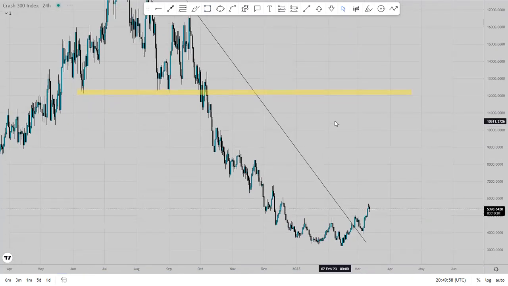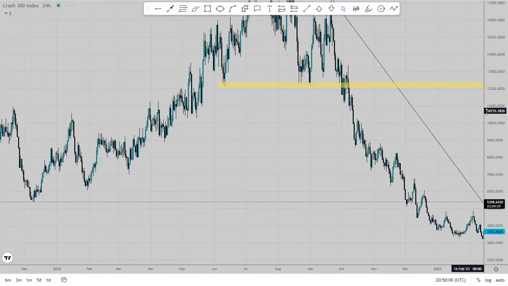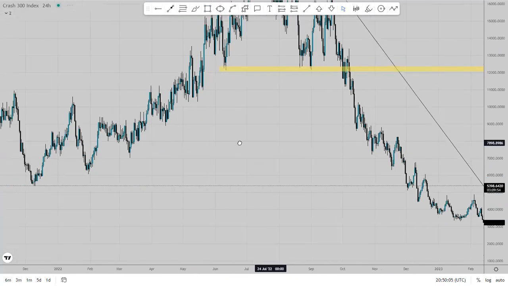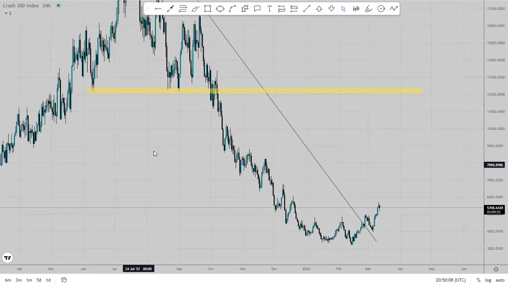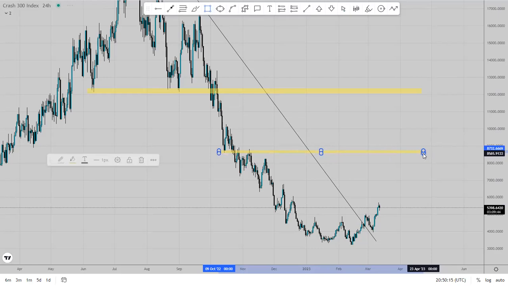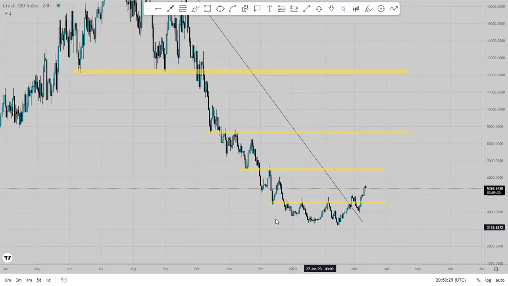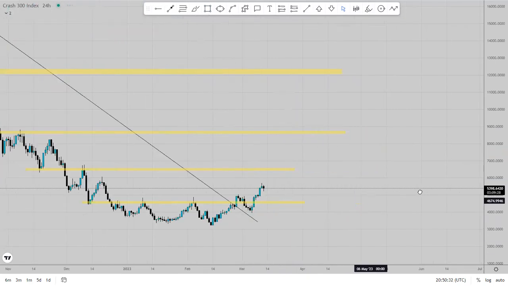Then we can also look to the left to see if there are any levels that the market might possibly respect. This is a level, resistance. This is a level, resistance. Any other level? This is a level. Already we can see that we now have quite a number of levels.